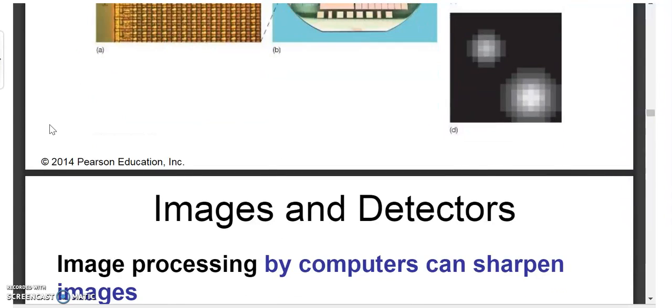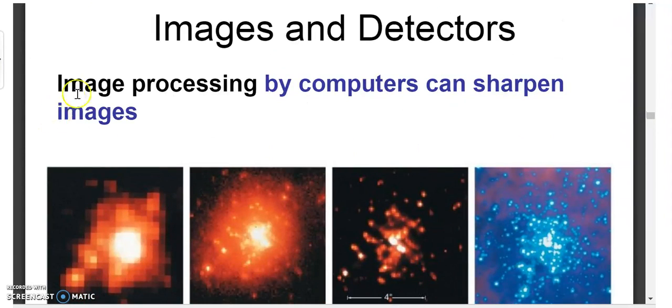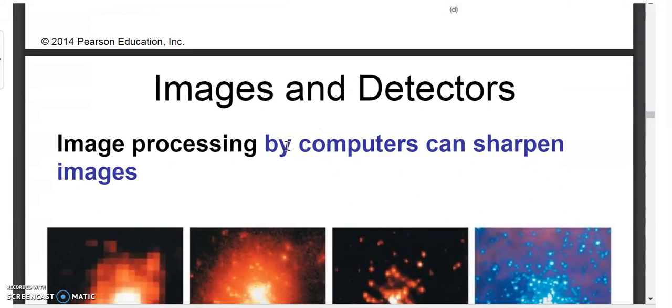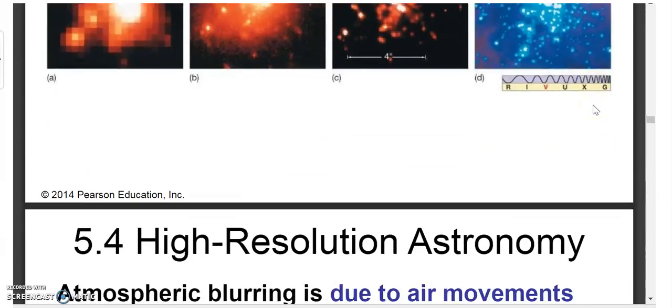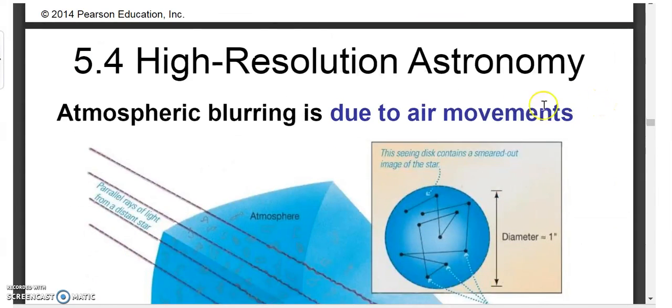All right, so that's one of the reasons that we like them. Plus, they're relatively inexpensive nowadays. I mean, every cell phone with a camera has these things inside. And of course, over the years, we've been able to use computers to make images better and better, or sharper, which is definitely a good thing.